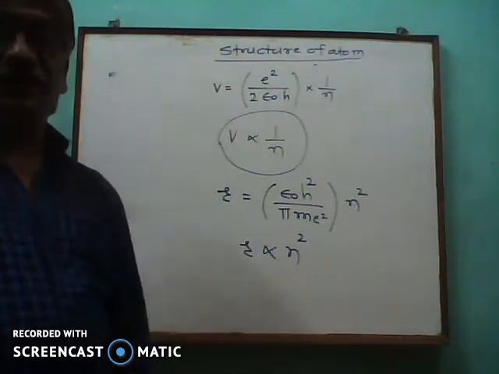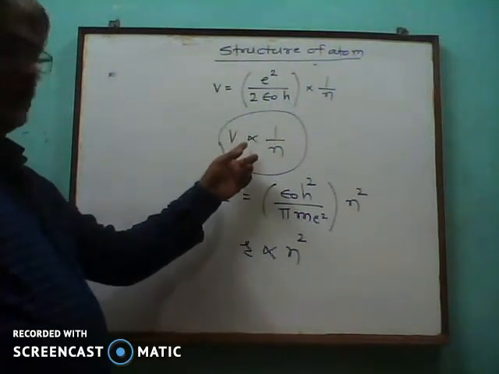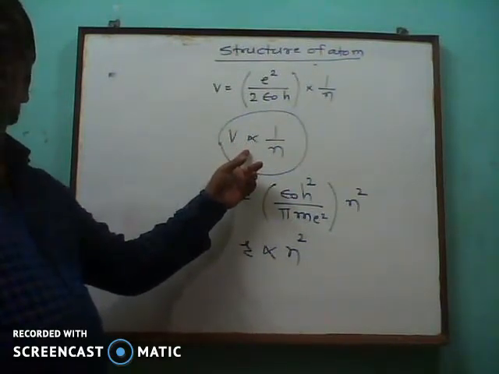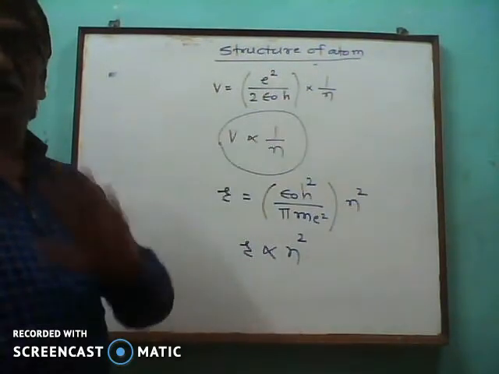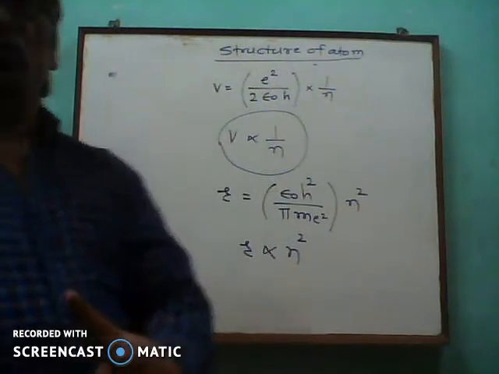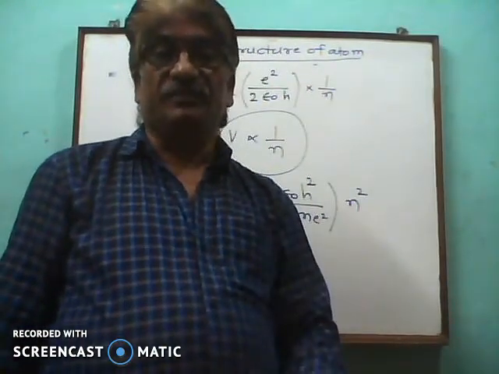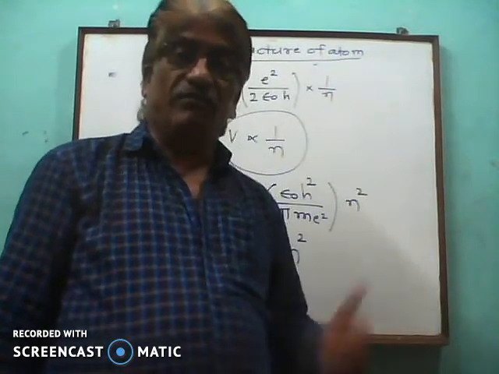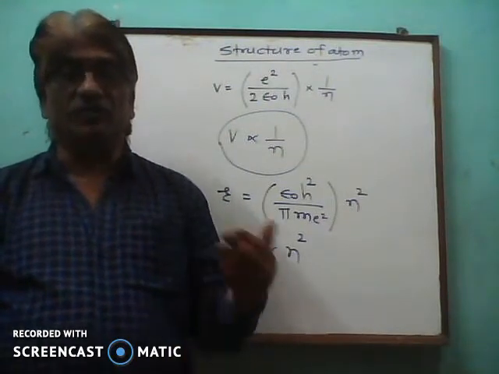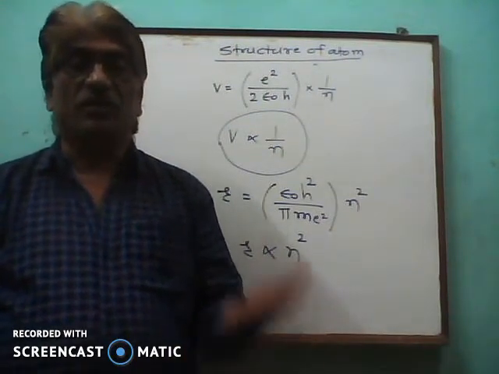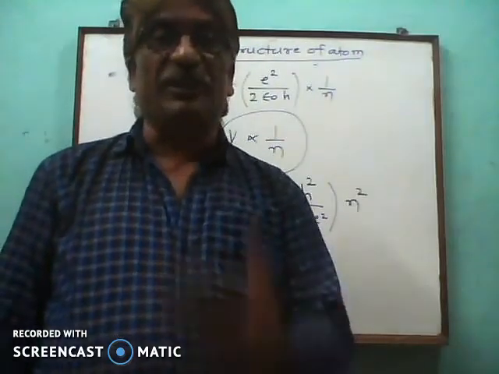If the bracket term is constant, then we say that velocity of electron is inversely proportional to principal quantum number. So two board pattern questions will be asked. Before that, one question will be asked, that is, what are the postulates of Bohr's theory of hydrogen atom, and explain.